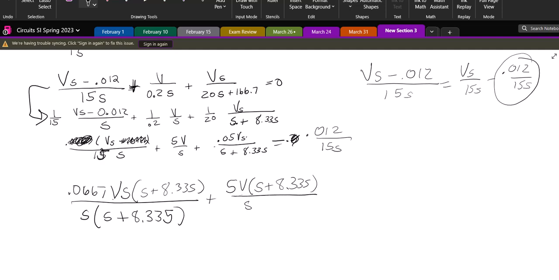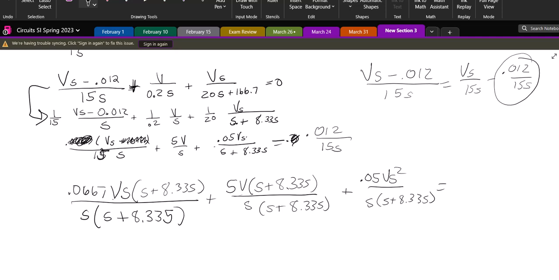All that over S times S plus 8.335. And this last fraction, I need to multiply that by S. So I get 0.05 VS squared over S times S plus 8.335.